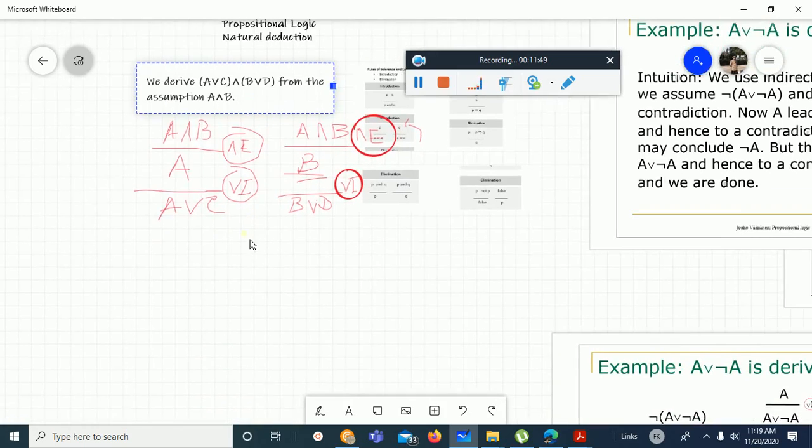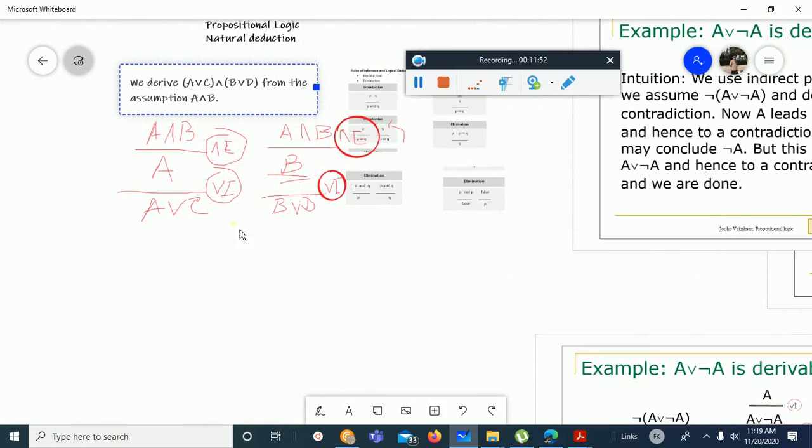These two statements, A or C, B or D. So here we can introduce and, the and introduction rule.